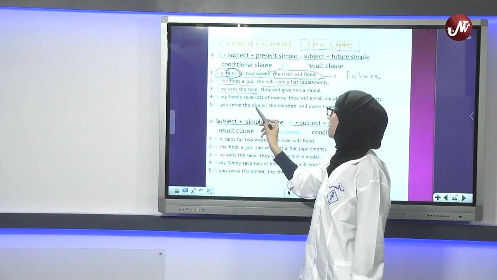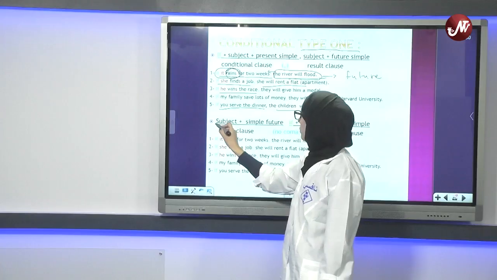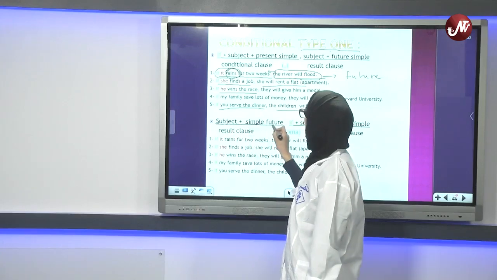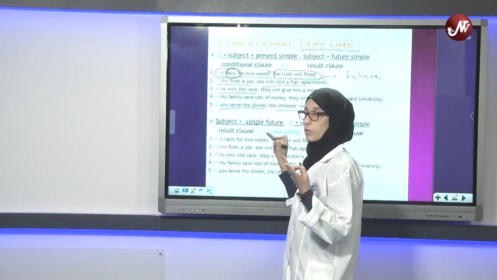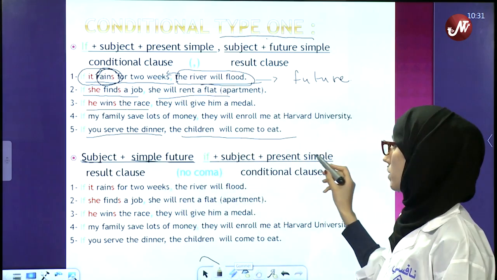If you serve the dinner, the children will come to eat. So remember, in this type, we have the condition in the simple present and the result of this condition in the future. So the form here is subject plus simple future, and if we reverse the two clauses, it means if we start with the result, then if plus subject plus present simple.